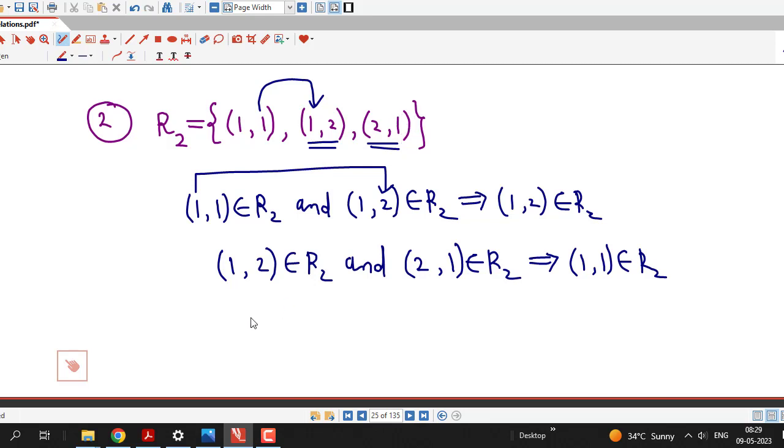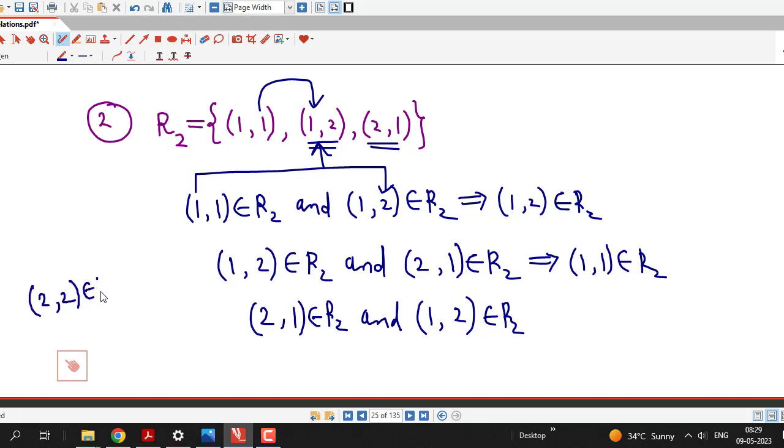Now we come here for (2, 1). (2, 1) belongs to R2 and we will write the pair whose first component is 1. So you can consider this also. (2, 1) belongs to R2 and (1, 2) belongs to R2. So we must have (2, 2) belongs to R2, but we can see (2, 2) is not present in R2.